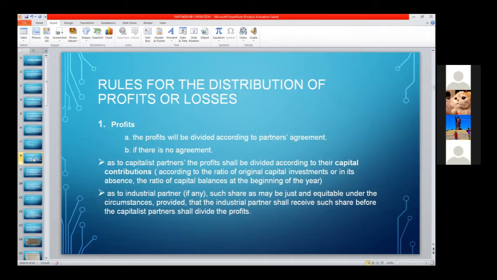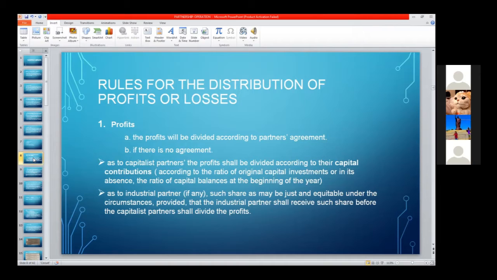Regardless sa capital contribution, kung ano yung agreement nyo sa hatian ng profit or loss, yun yung susundin. Then second, if walang agreement, papasok yung capital contribution, which is according to the original capital investment or in its absence, the ratio of capital balances at the beginning of the year.